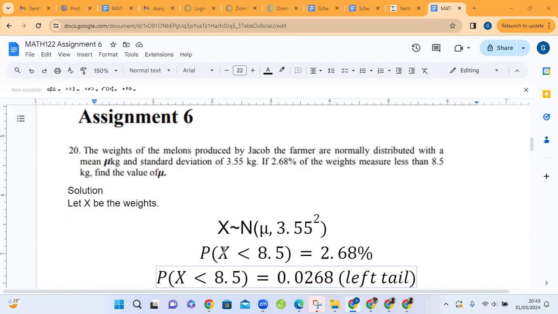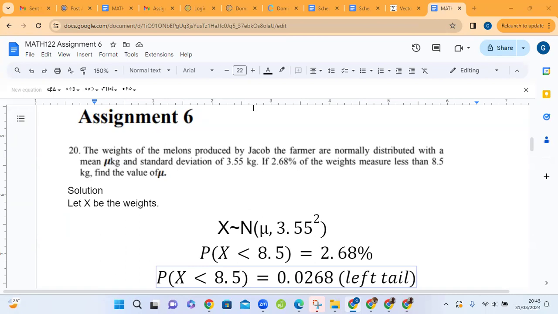Now, it says the probability that the weights are less than 8.5 is equal to 2.68%. 2.68%, that's 2.68 divided by 100, that's 0.0268. Towards the left, that's a left tail.